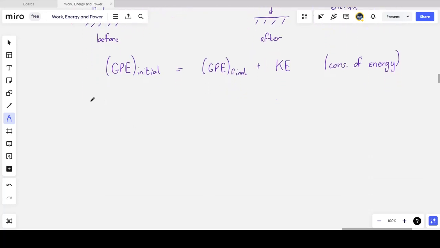So this equation is the mathematical form of the conservation of energy, which you're going to use very often, in fact. And the other thing we can talk about is the efficiency of doing work. And so efficiency, well, at this level, we don't have a symbol for efficiency. But efficiency is basically how efficient are you?